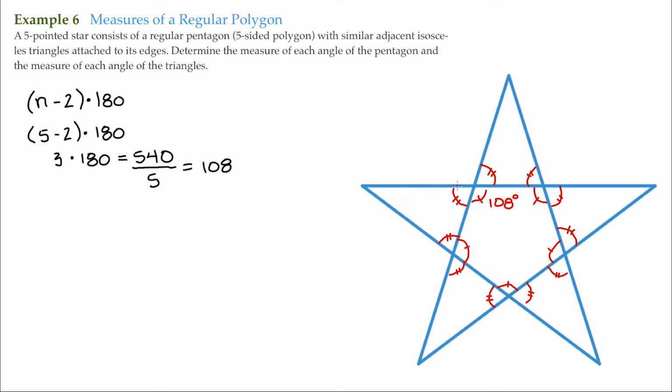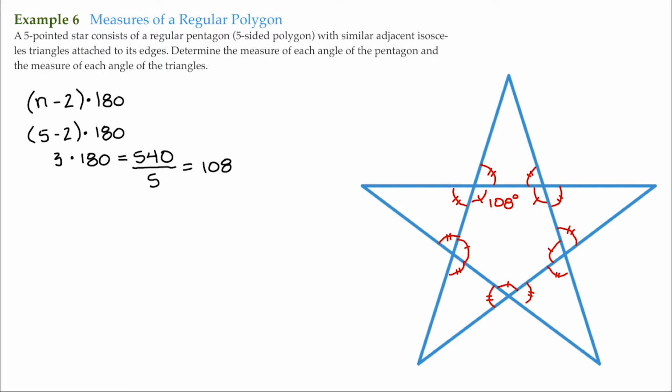So if we look at this line right here, the measure of this line, that's a straight angle, is 180 degrees. So if I look at this angle here, that's 108 degrees, then this angle over here has got to be supplementary.